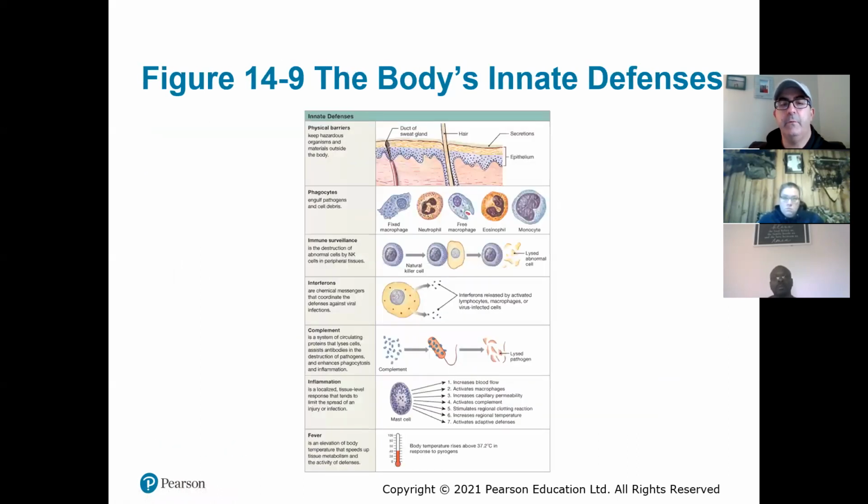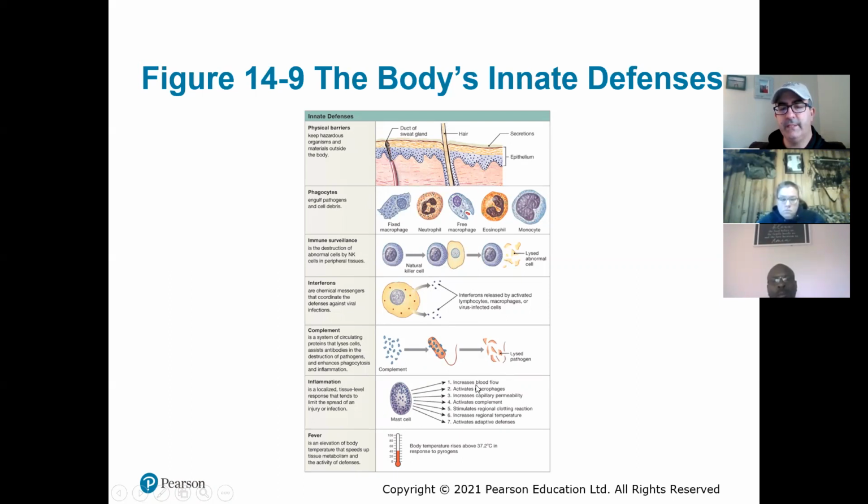So here's a nice summary of the body's innate defenses. In the top panel here are physical barriers. So this is your skin. Phagocytosis, these are the types of white blood cells that can undergo phagocytosis. Immune surveillance by natural killer cells. Interferons being released by cells that are infected. Complement, punching holes in a bacteria cell to kill it.